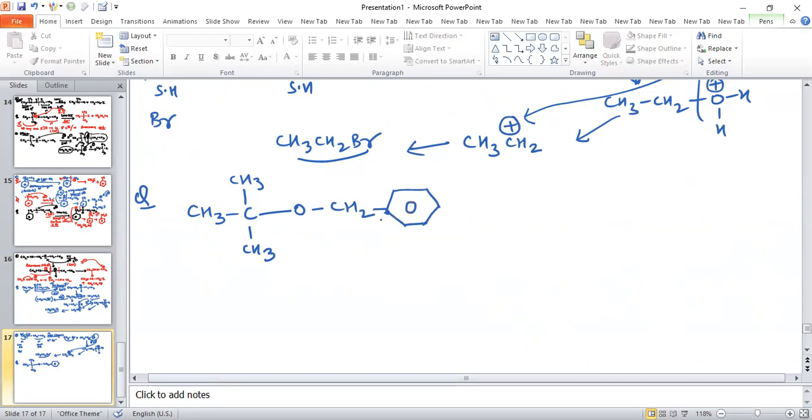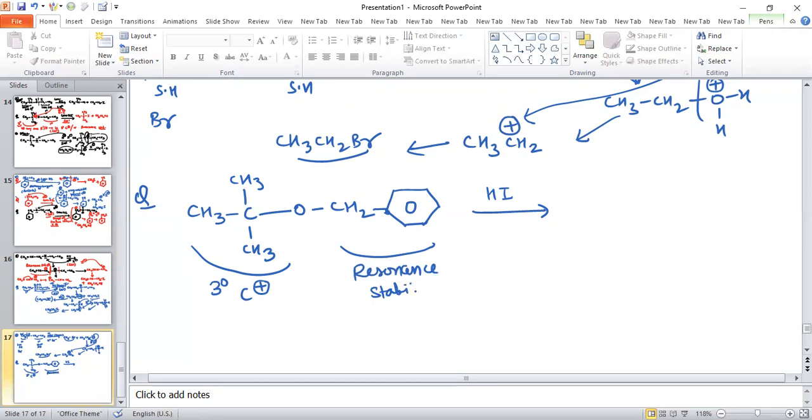Now see what happens in this case when we use HI. You can see this is a 3 degree carbocation, and this is a resonance stabilized carbocation.